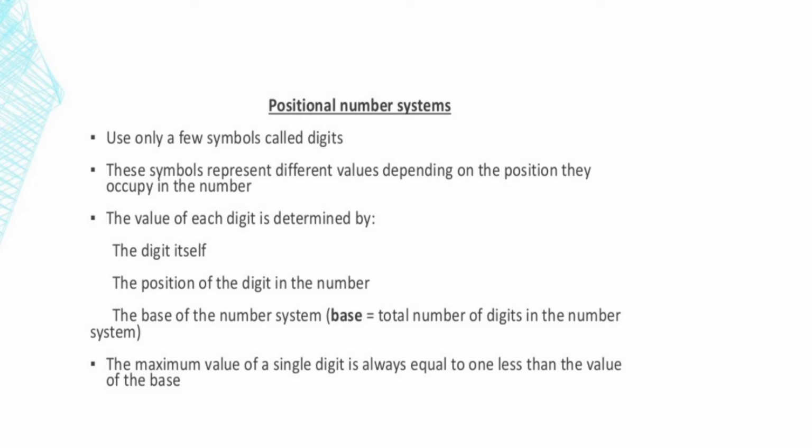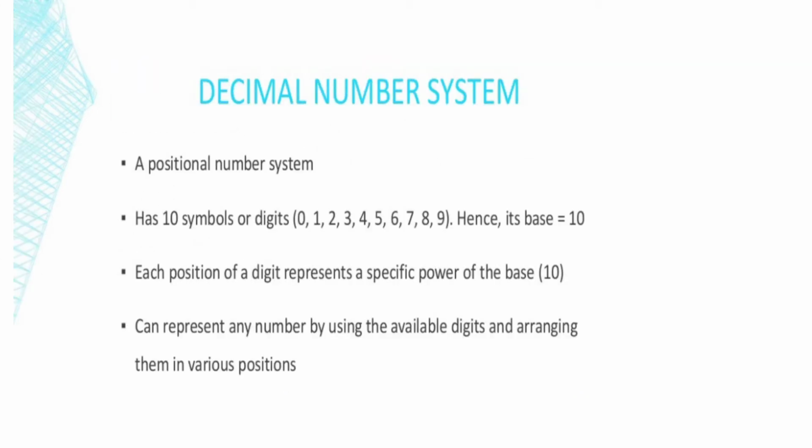What is the base of the decimal number system? This thing is very much important to understand, that you cannot have the maximum value in case of the decimal number system.